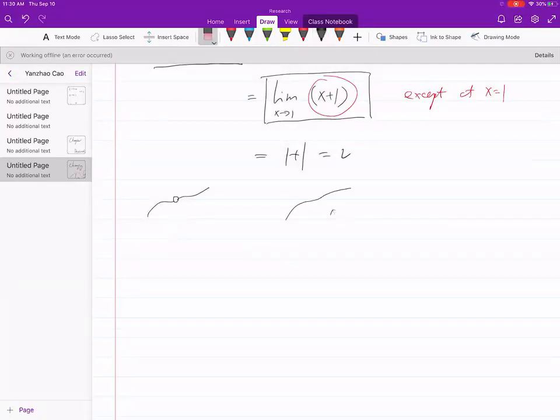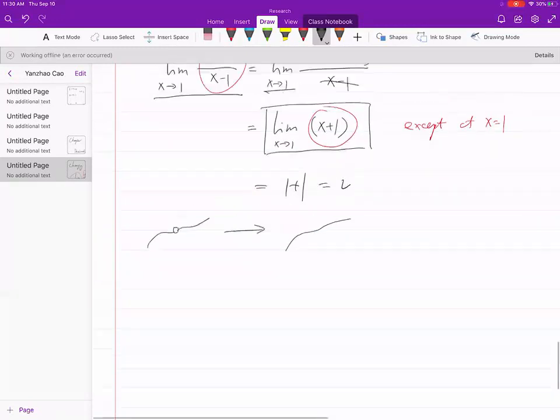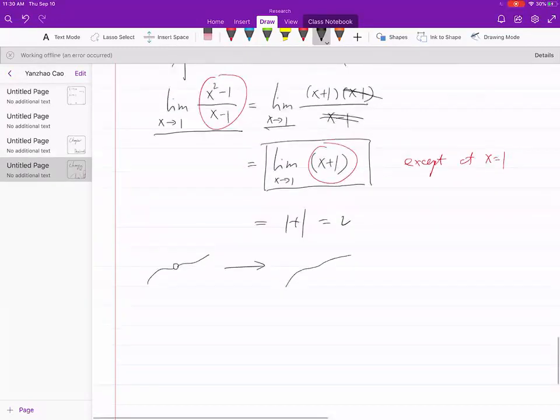We change this one to this one because literally you guys are the same except for at this point. And I change this one to this one by crossing out the term which will cause trouble. Then this one becomes this one. Finding the limit here is the same as finding the limit here, but finding the limit here is super easy. Just plug in. That's what we just did.